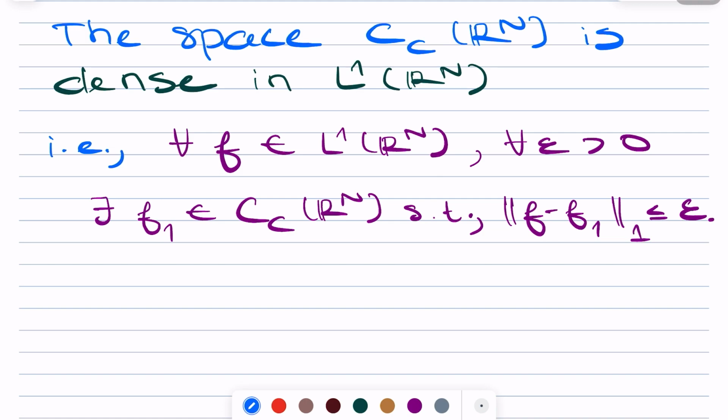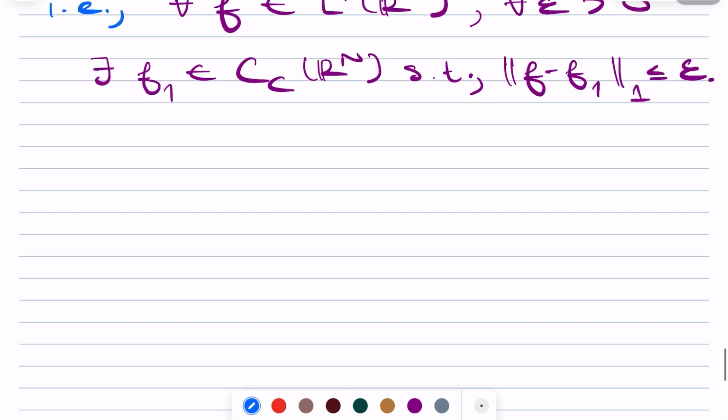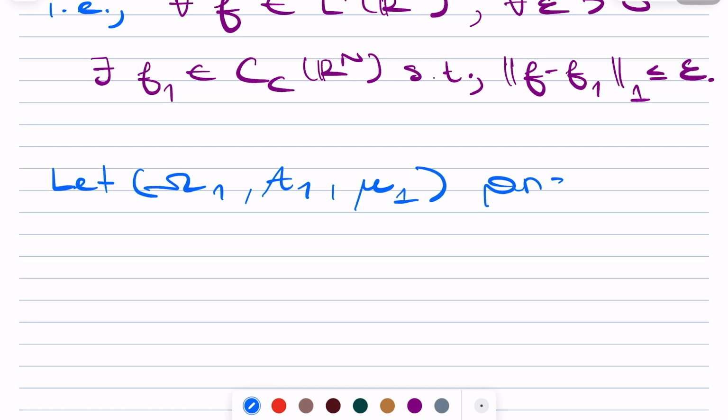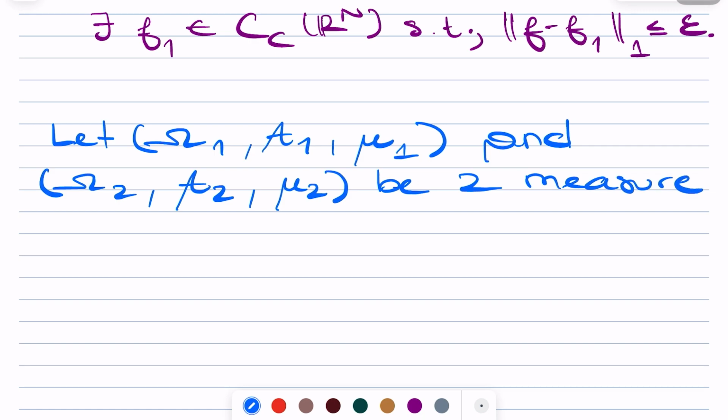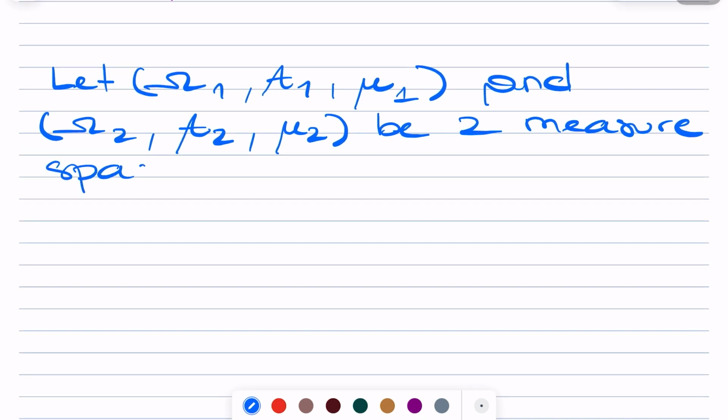Okay, so the first thing to observe is, let omega 1, A1, mu 1 and omega 2, A2, mu 2 be two measure spaces that are sigma finite.